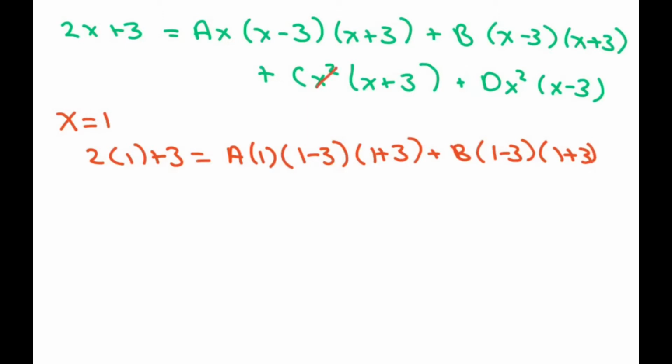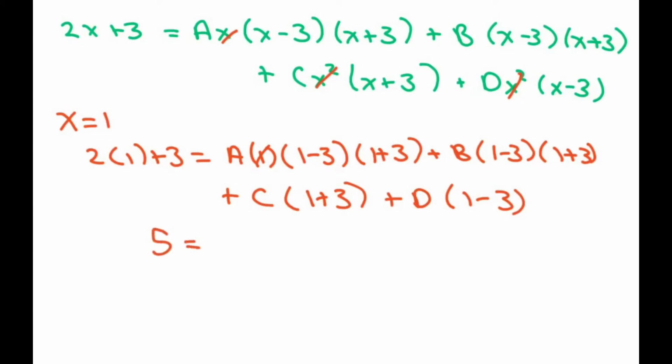The 1 squared terms are all just 1s, so I'm not going to keep putting those. So then we get plus C times 1 plus 3 plus D times 1 minus 3. So this is going to give you 5 equals negative 8A minus 8B plus 4C minus 2D.